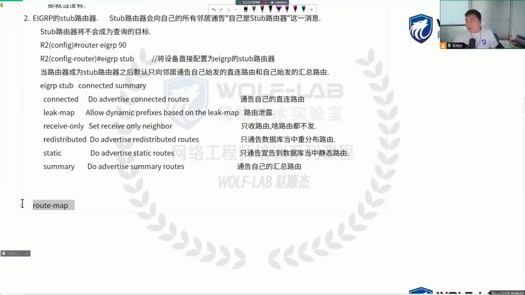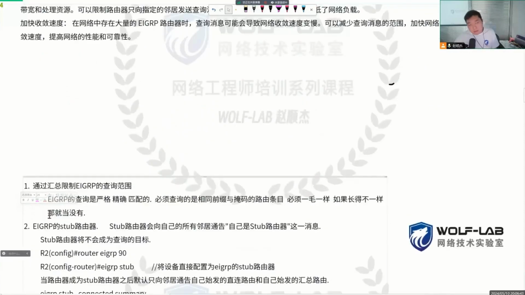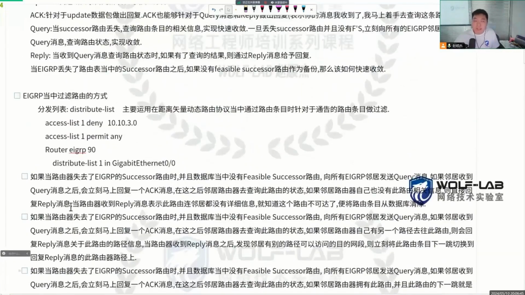It's extremely versatile. Previously, we learned about a tool called distribution lists, which are limited to being used with access control lists. These can filter or allow matched routing entries. They can only interact with access control lists, targeting matched routing entries for filtering or allowance.